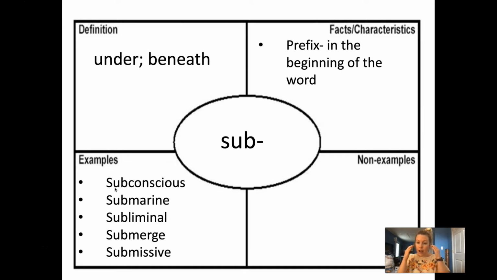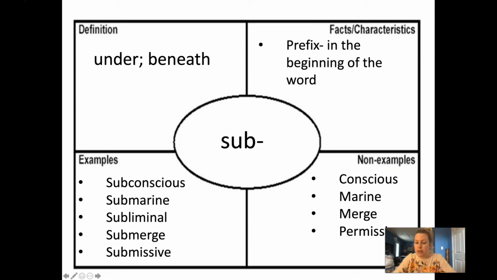Your subconscious is kind of what happens underneath that, where you don't really have to think about it for it to happen. A submarine is a vessel that goes underneath the water. So you guys can see that the definition of sub, under or beneath, is working in those words.